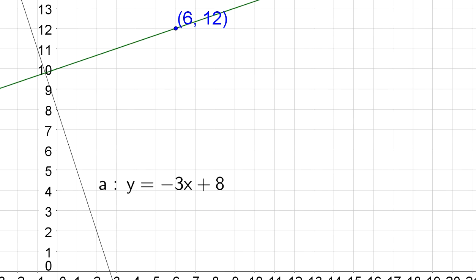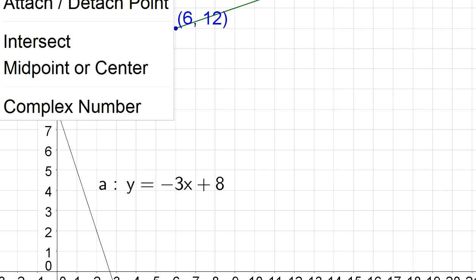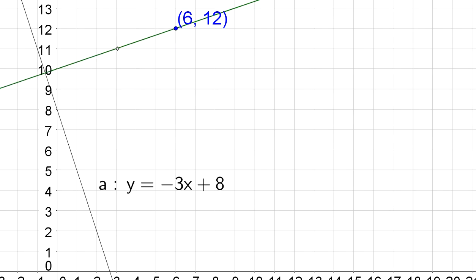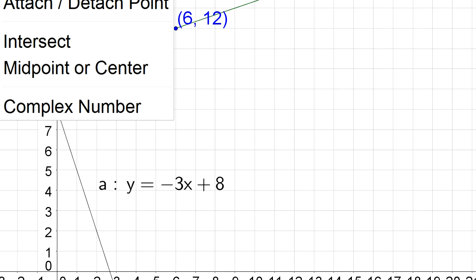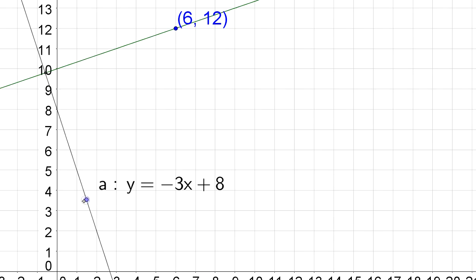The question may occur, are these really perpendicular to each other? Well, one of the things you could always do is you could get the intersection of two objects. So I could intersect this object and this object, and I would put a small point there. And if I put an extra point here, somewhere on this line, I can now measure that angle. And you can see when I asked GeoGebra to measure it, it told me, oh, it's a right angle.